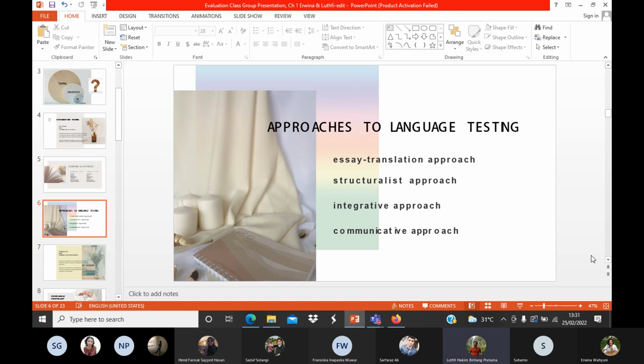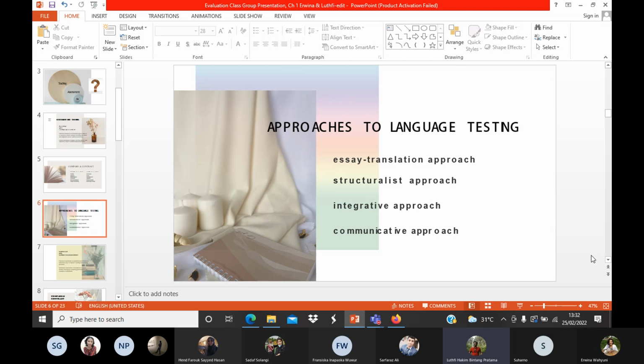Integrative tests are concerned with a global view of proficiency and underlying language competence, or a grammar of expectancy. Oral interviews, like translation and essay writing, are also included in many integrative tests, a point frequently overlooked by those who take too narrow a view of integrative testing.